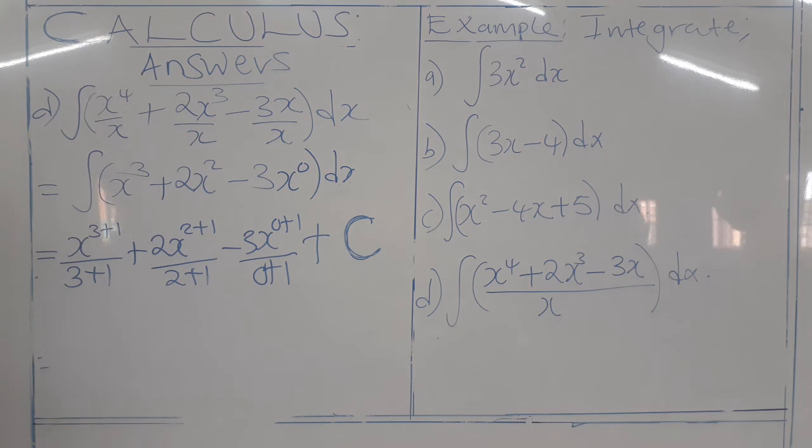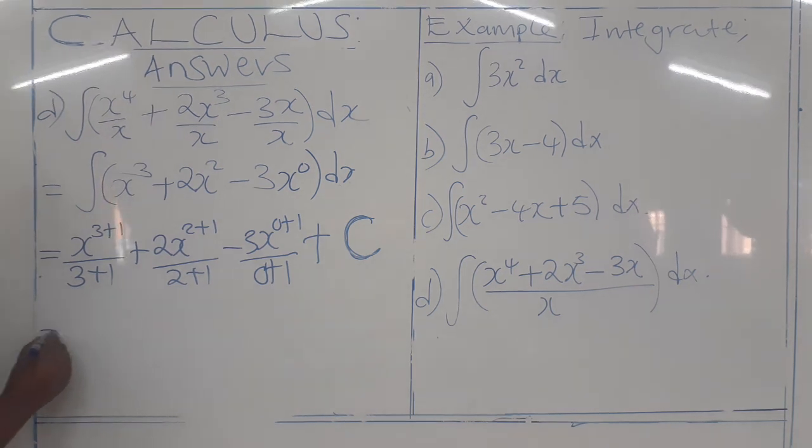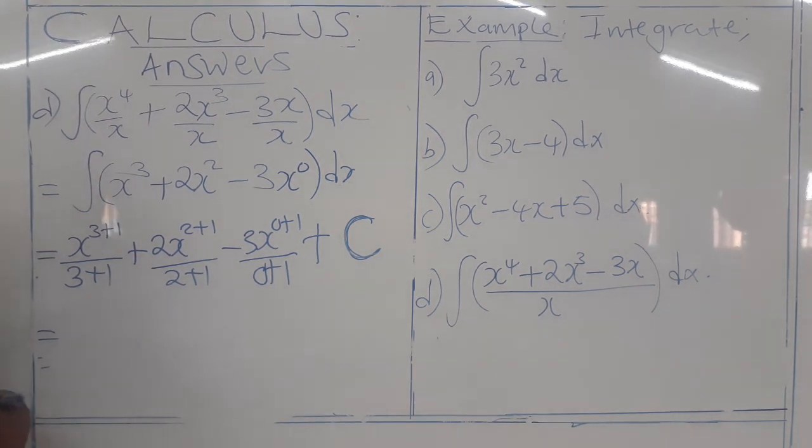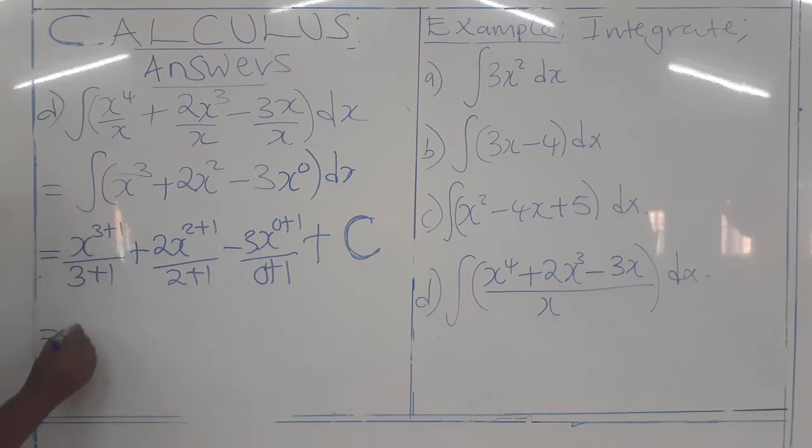Okay, I hope it's easy, friends. So you need to enjoy these things. Okay, so we have x to the power 3 plus 1, 4. Here it means we'll bring down a 4 as well.